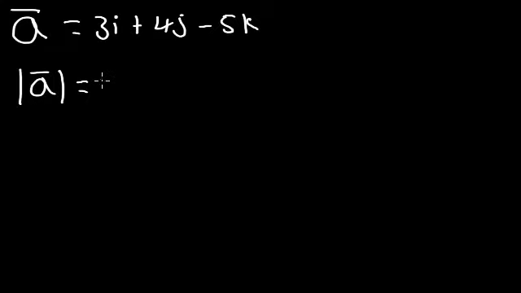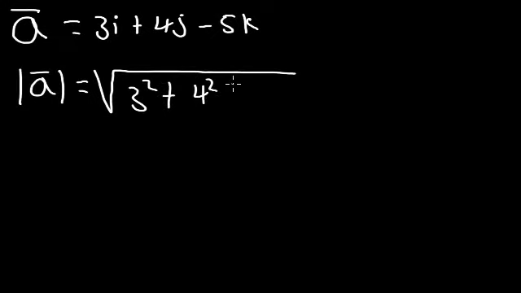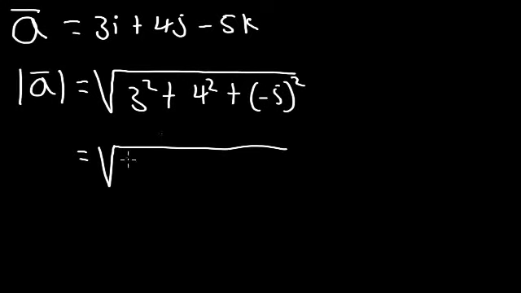This is pretty much straightforward. All you are meant to do is to find the square root of the sum of the squares of each of the components of these unit vectors. So typically, I'm taking the square of 3 plus the square of 4 plus the square of negative 5. And that will eventually become: the square of 3 is 9, the square of 4 is 16, and the square of negative 5 will become 25.